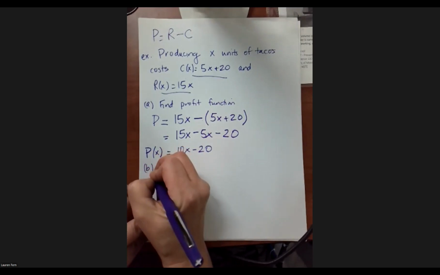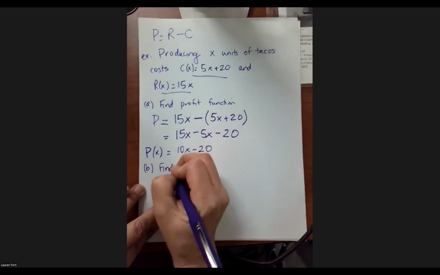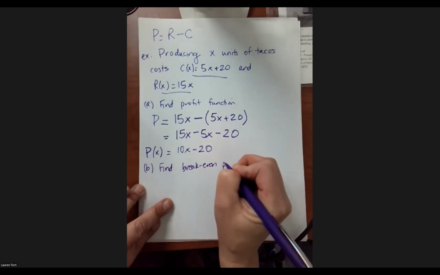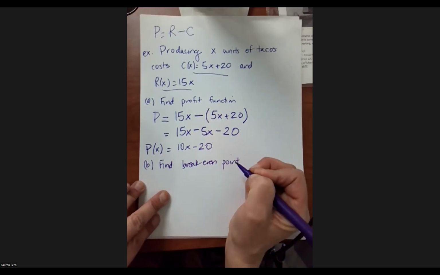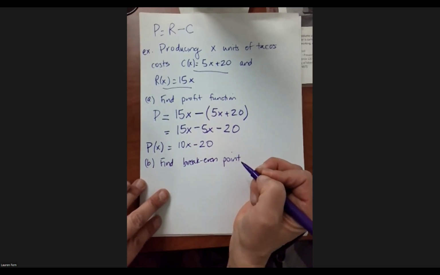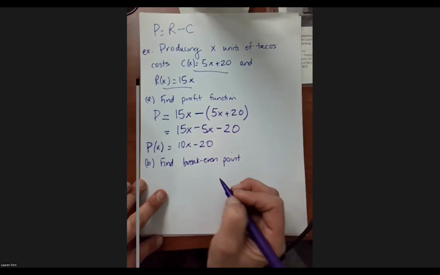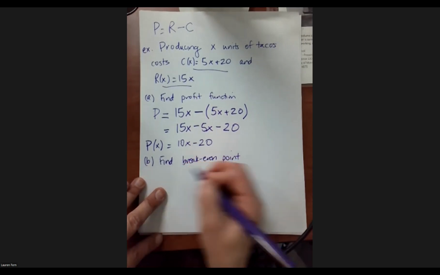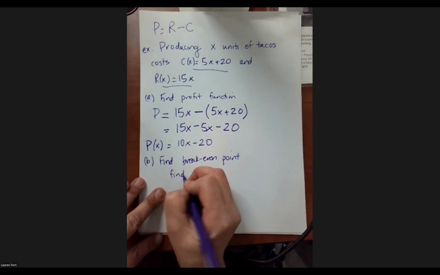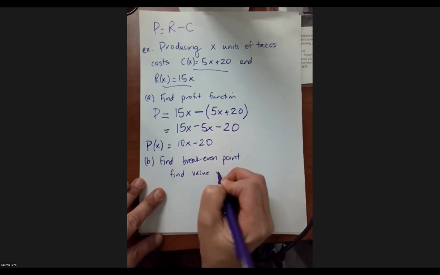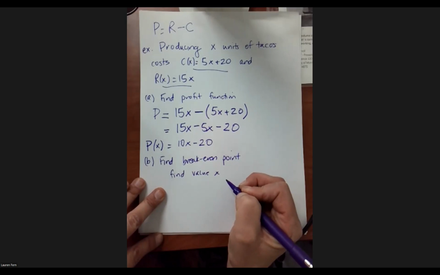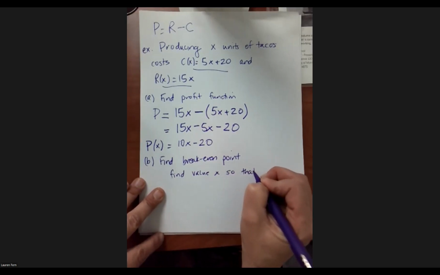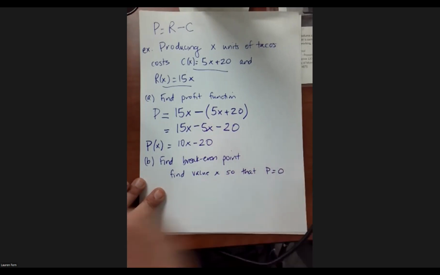All right. What if now we want to find our break-even point? I defined that for us yesterday. When you find the break-even point, what that says is you want to find the value of X. In other words, we want to find the number of units of tacos so that our profit is 0.